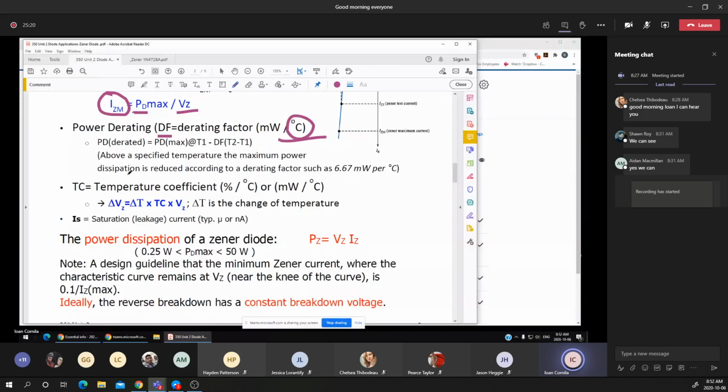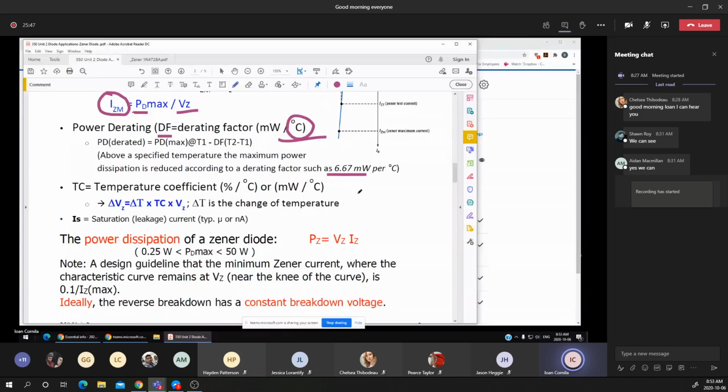And I'll make a short, basic example. Suppose that the derating factor is 0.67 milliwatts per degree Celsius. That means that we have to multiply that derating factor per degree with the change in temperature. Suppose that the ambient temperature is 40 degrees.